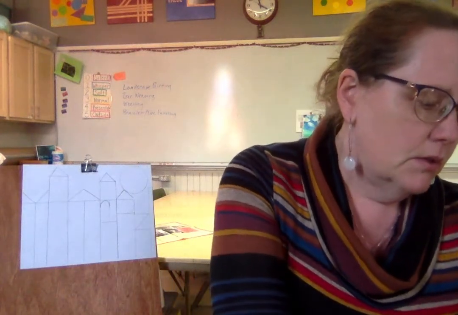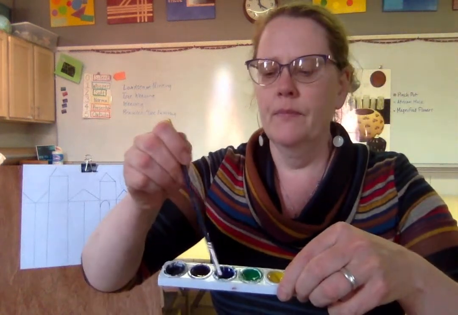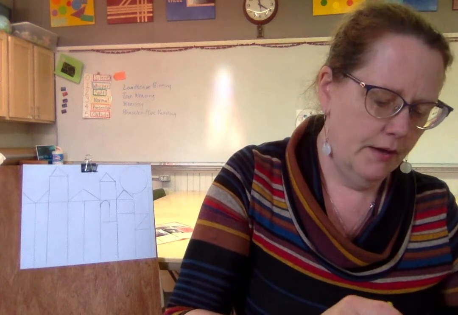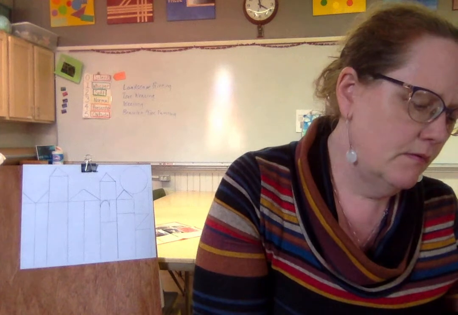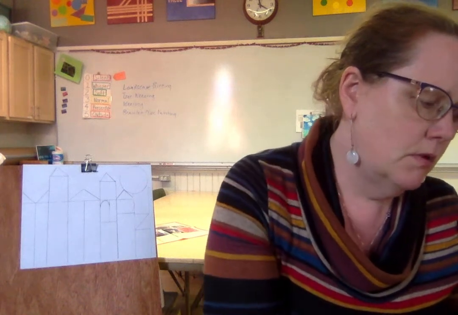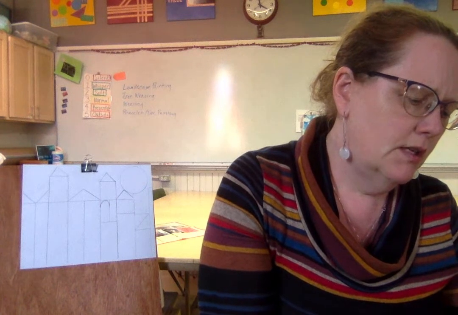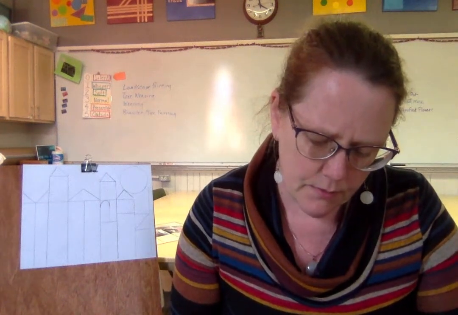So I'm going to get my color of blue and purple wet and ready. Getting those ready and loose with water will let that smoothly go across the top. So I'm going to start at the top with purple.